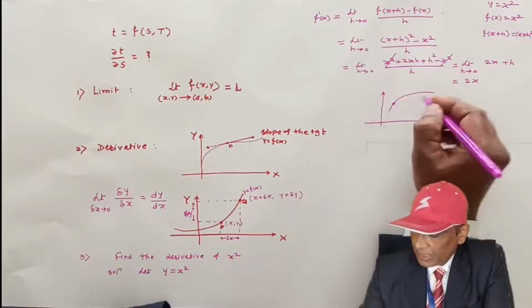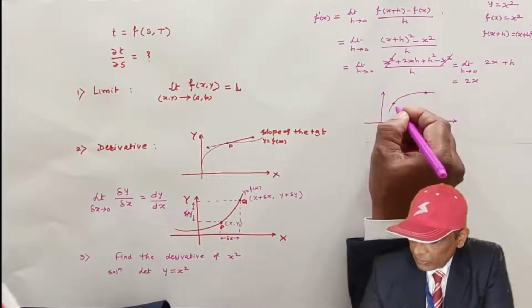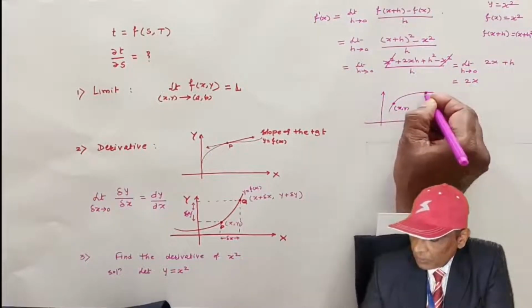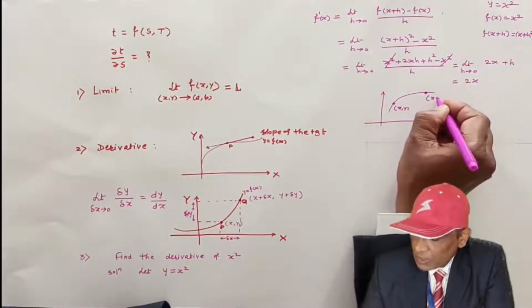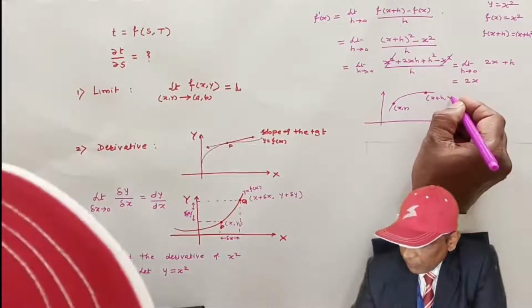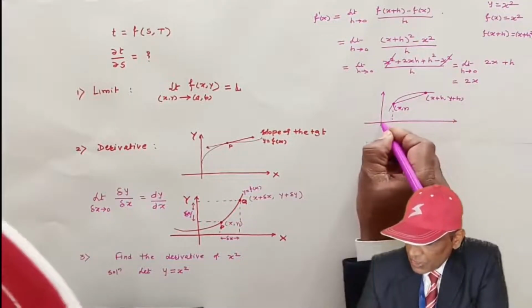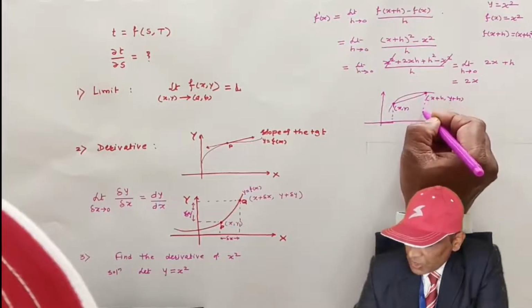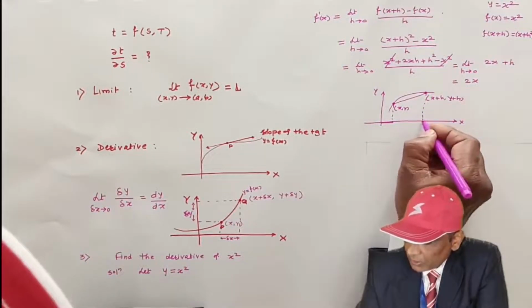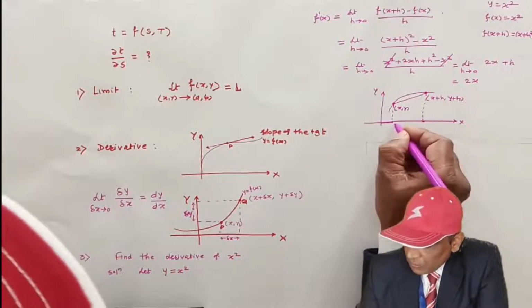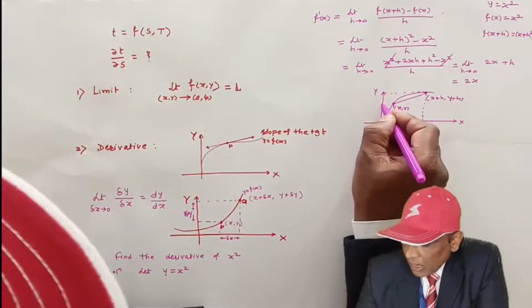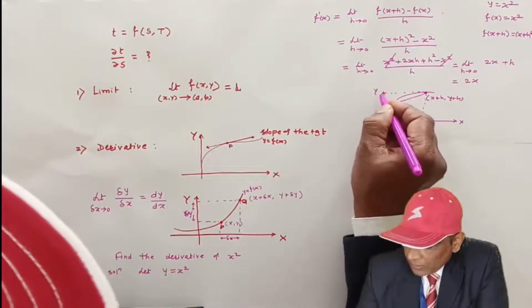The definition of the derivative, I think, is now clear to you. This point is (x, y), and the coordinates of the other point are (x + h, y + h). This distance is x, and the distance from the origin is x + h, so this is h only, and this is y.